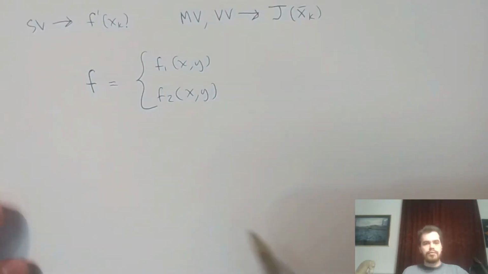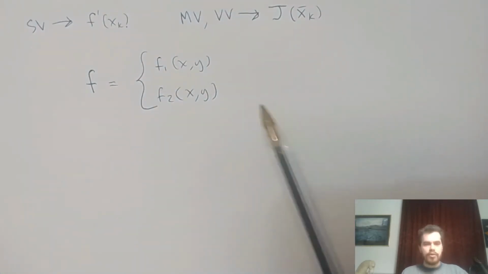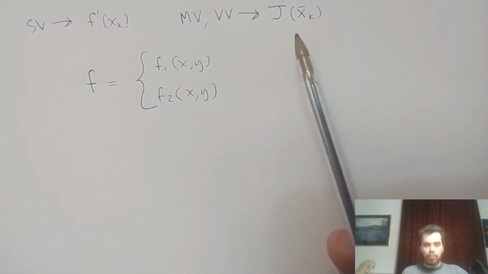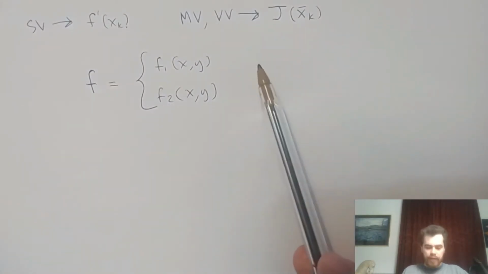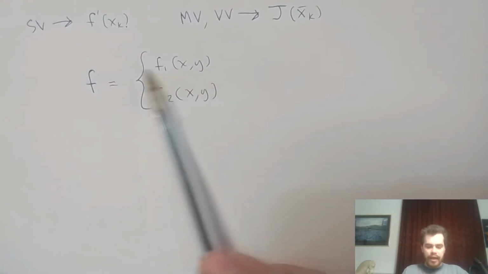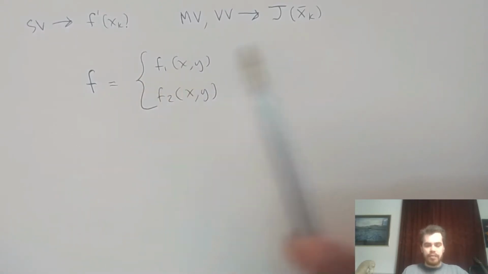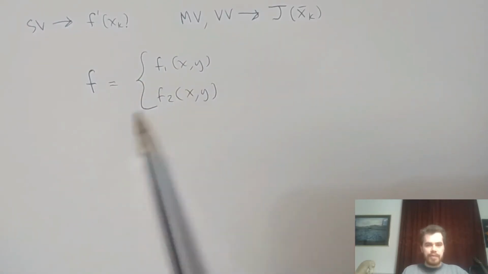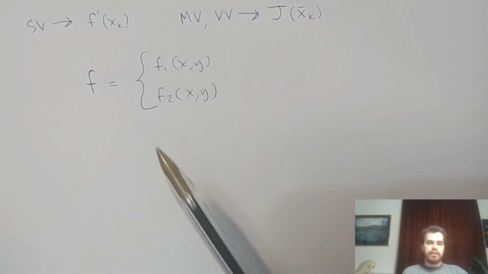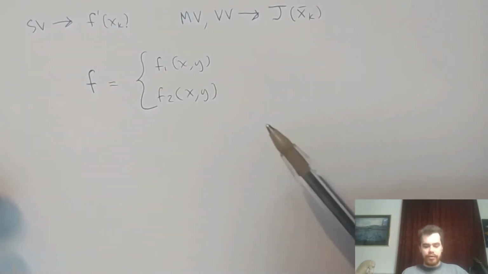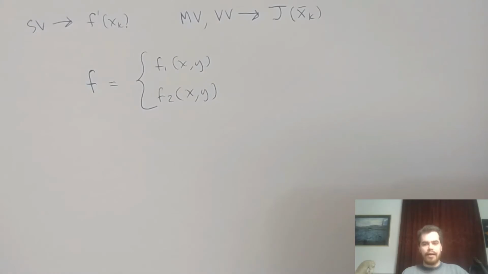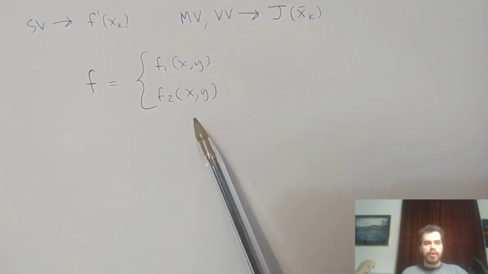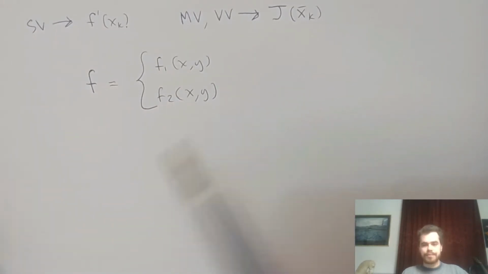And without getting too concrete, you can see that we'll have some point x, y, and we'll plug those two numbers in, and f1 will do something to them and spit out a number, and f2 will do the same and spit out a number. So for this abstract form of an equation, we put in two numbers and we get out two numbers.